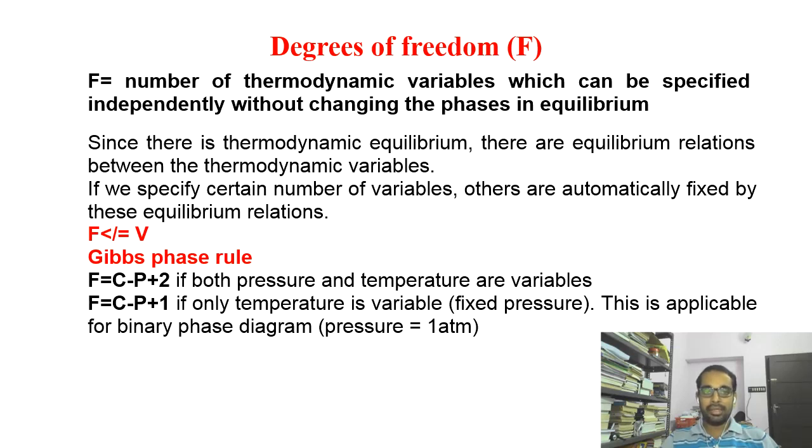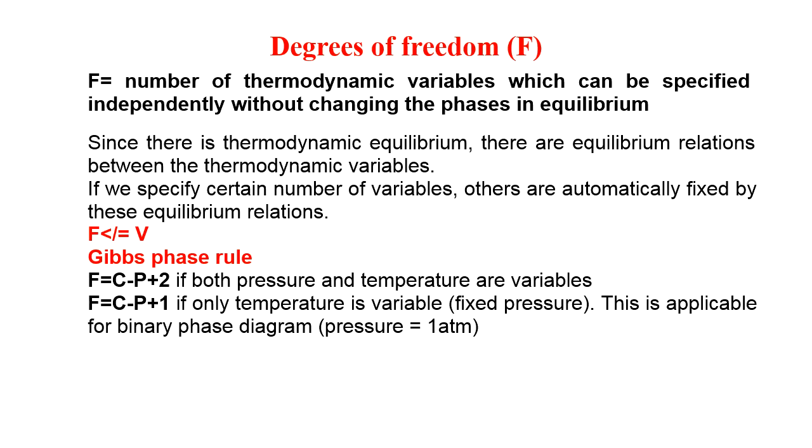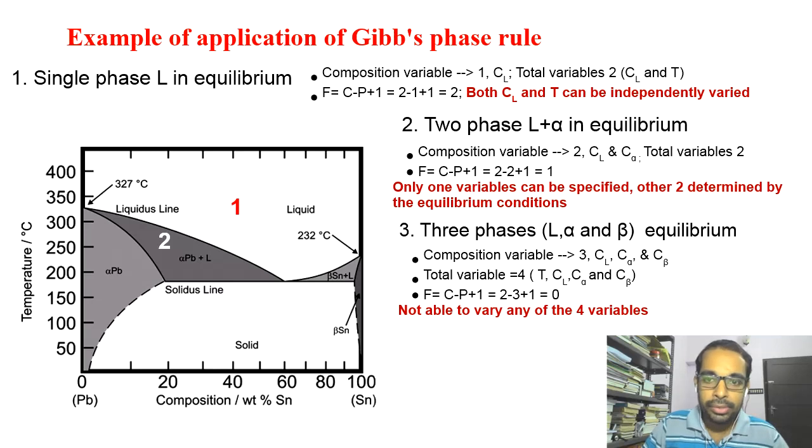The number of variables which can be specified will always be less than, or in some cases equal to, the total number of variables. Hence the Gibbs phase rule provides a device for testing multi-phase equilibria and deciding the number of variables, that is the number of degrees of freedom, necessary to define the energy state of the system.